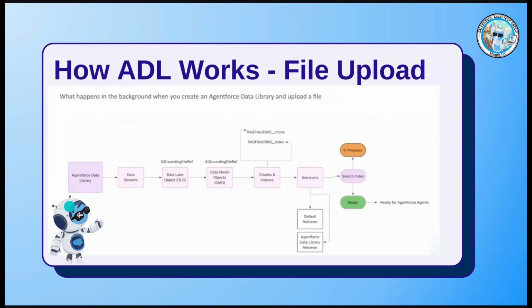Once you create the Agentforce data library, the data streams get created automatically. From these data streams, you will find your data lake object, which is appended with ADL, so you will see ADL underscore the file name. Then you will have the data model object, which will be the reference of the mapped indexes. And then from this data model, the chunks and the indexes get created.